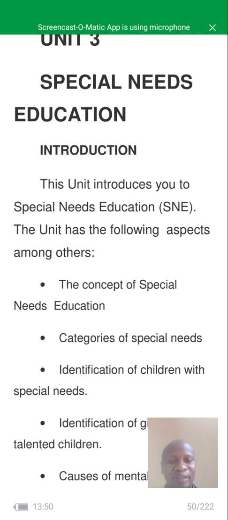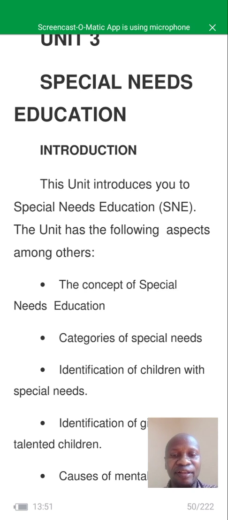This course unit called Special Needs Education has a number of aspects. So, what are the aspects that we are going to have a look at? Among these aspects, we have the concept of special needs education, which we are going to look at critically, to see what is meant by special needs education.